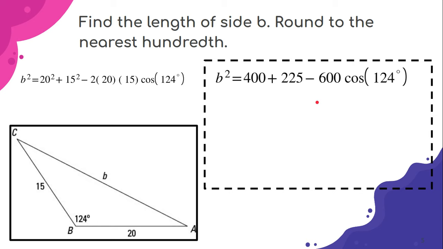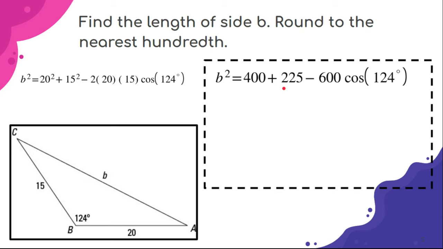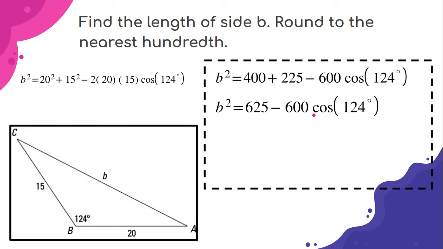Then from adding the 400 and 225 together, we have received the number of 625, making the equation now B squared is equal to 625 minus 600 times the cosine of 124 degrees.